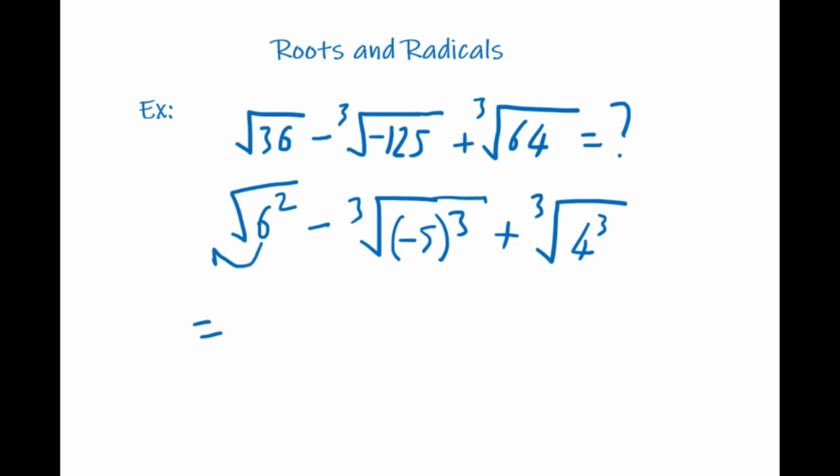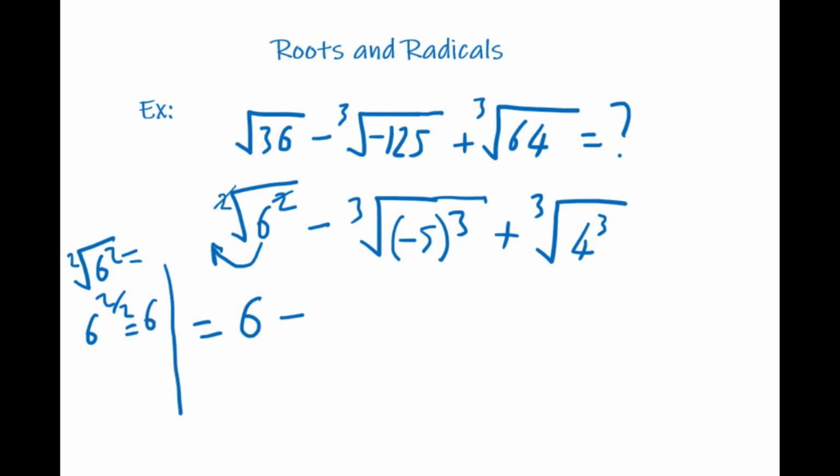Okay, this is going to be equal to, this 6 comes out as itself by just leaving its exponent, because here we have 2, so you can think of this 2 goes with this one. So it's going to be 6, but as we did in the previous examples, you can think of it as 6 to the power of 2. This is the square root, so it's going to be 6 to the power of 2 divided by 2, which is also 6.